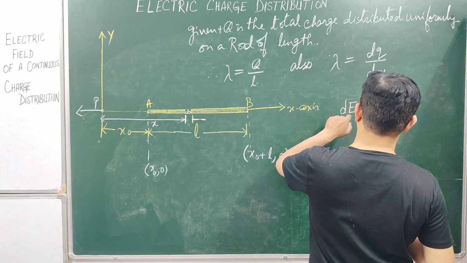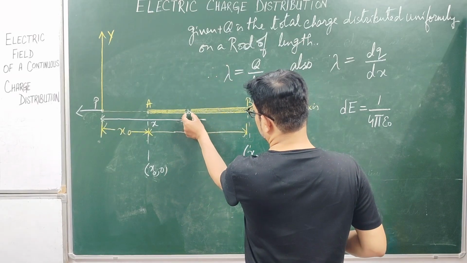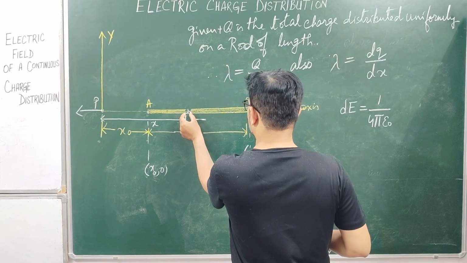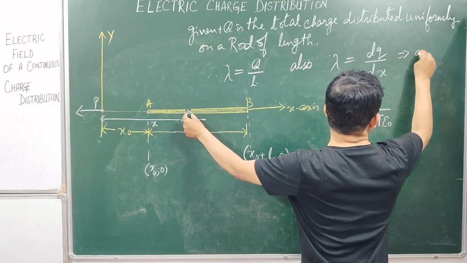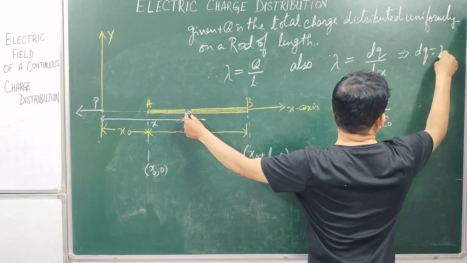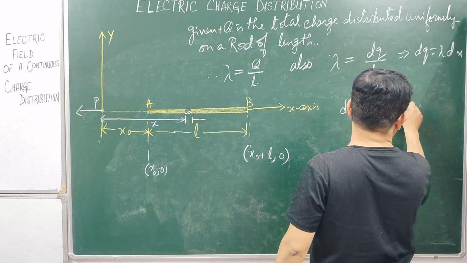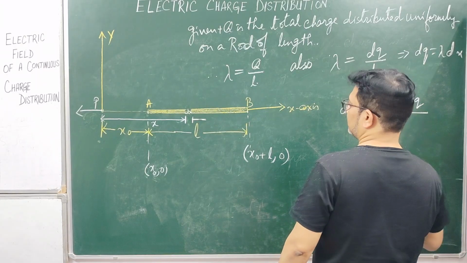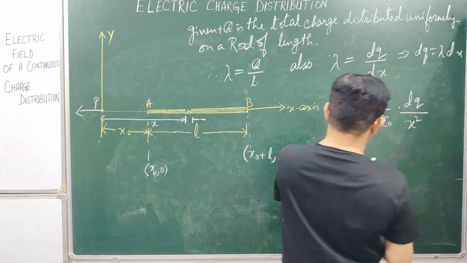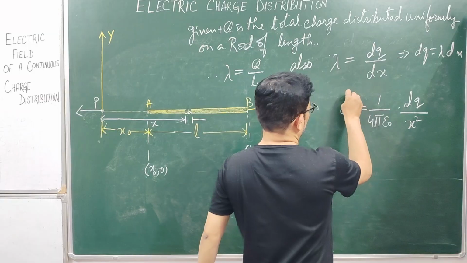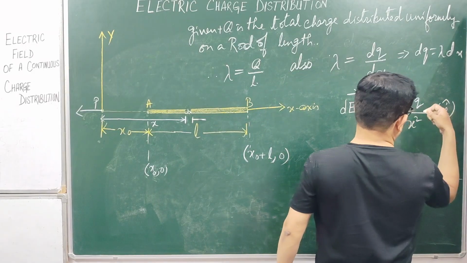So the elemental electric field at point P, because of elemental length dx, right? We need to write what dq is. We'll get dq is lambda dx, right? So we can write dq divided by the distance, which is x squared. This is the magnitude, and if you want the vector, it will be in the minus i cap direction.